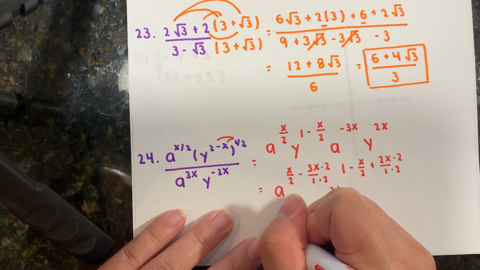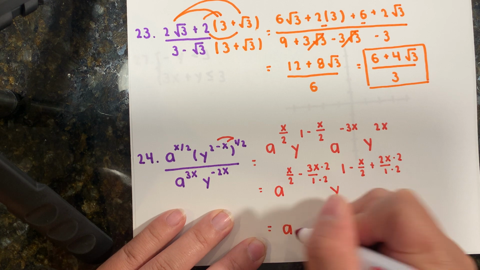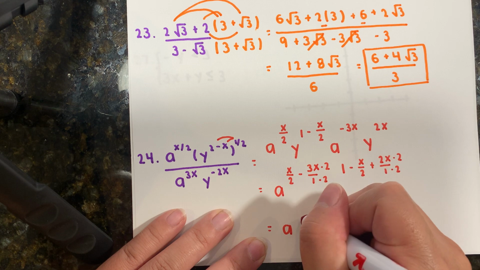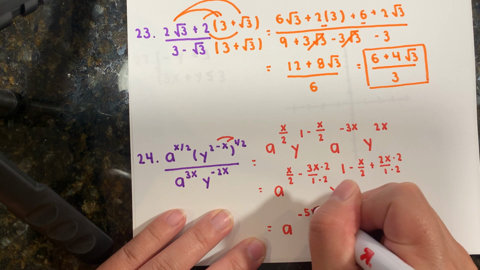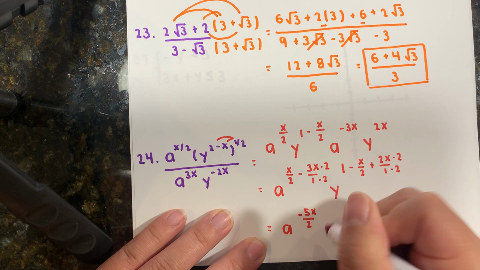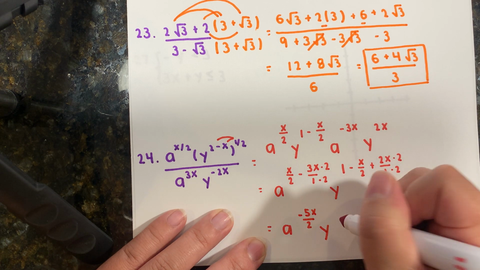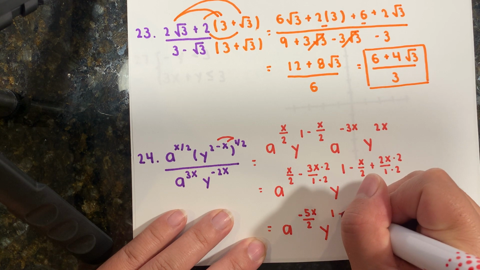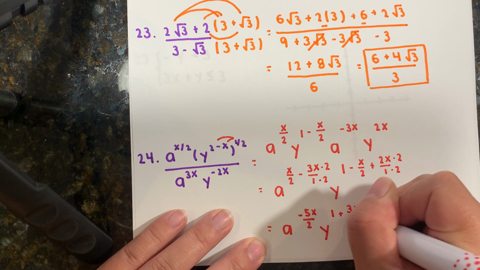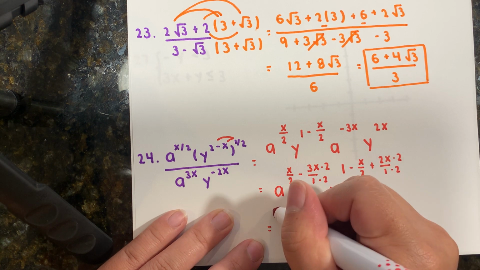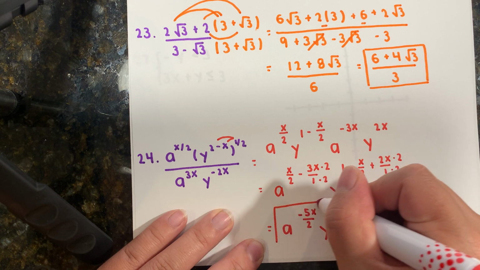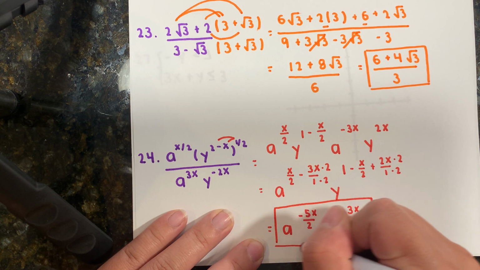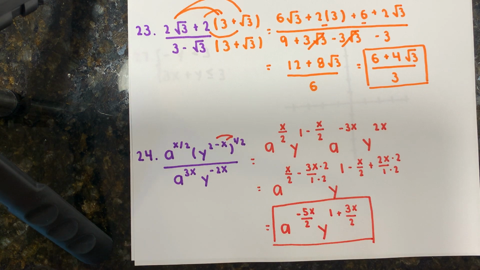So for a, x minus 6x would be negative 5x over 2. And then for y, I have 1, and then negative x plus 4x would be 3x over 2. And that would conclude number 24.